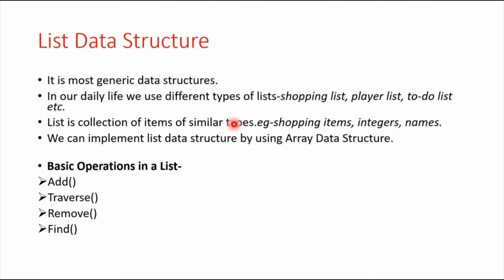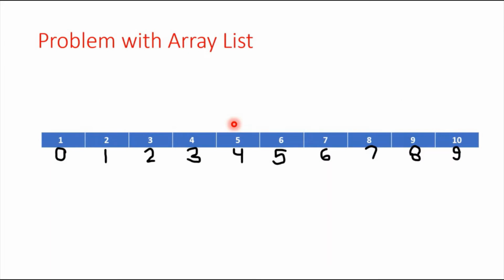In list data structure, we can say array list. In array list, we have certain limitations. We will see what are the problems with array list. We have certain limitations of array. In array, the memory cells are linked with each other.